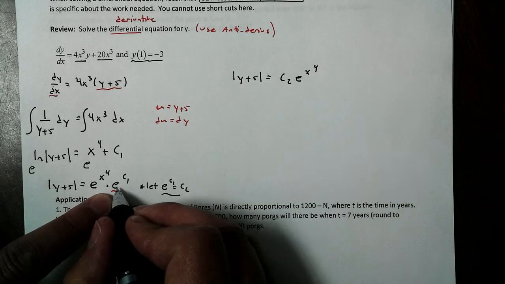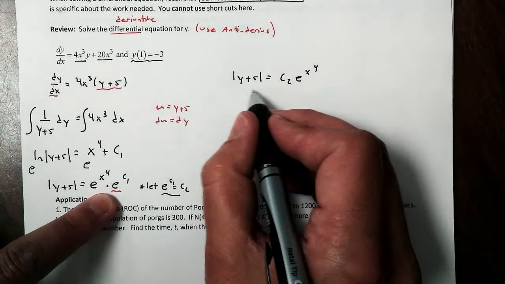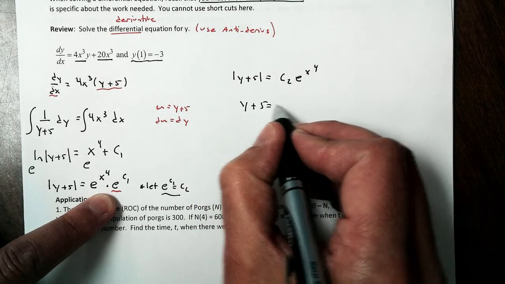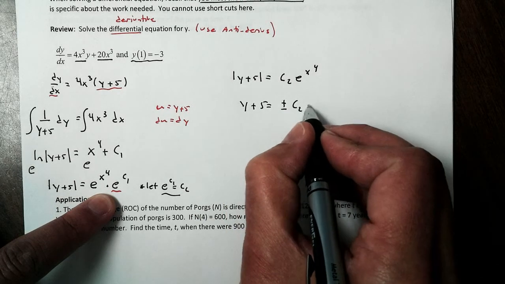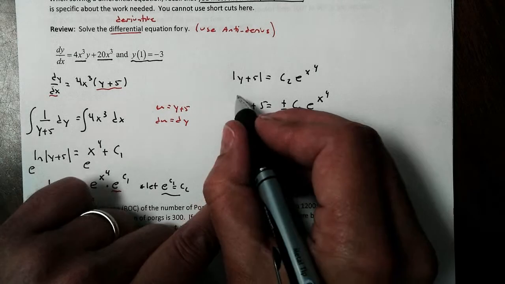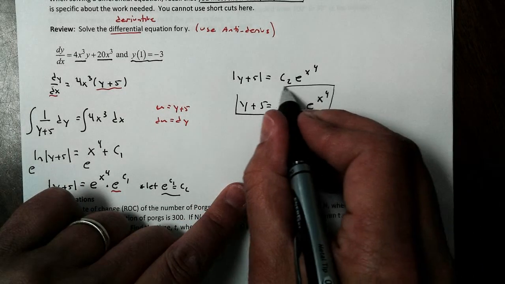I replaced my e to the c1 with c2. If I get rid of the absolute values, y plus 5 equals plus or minus c2 e to the x to the 4th. So this is our general equation.